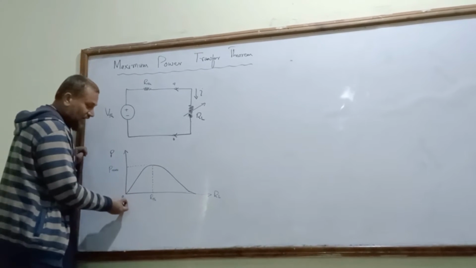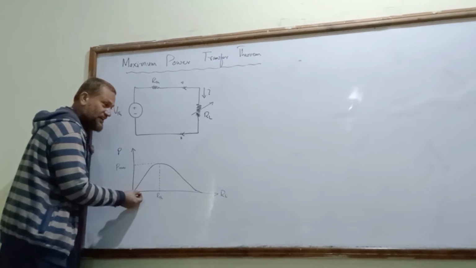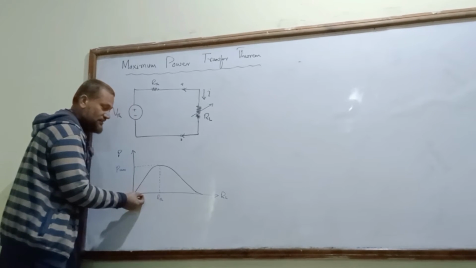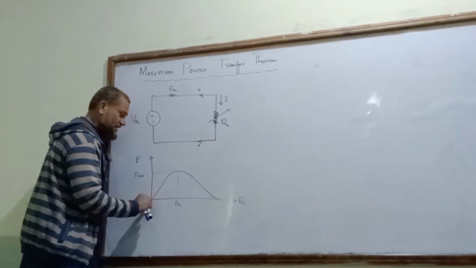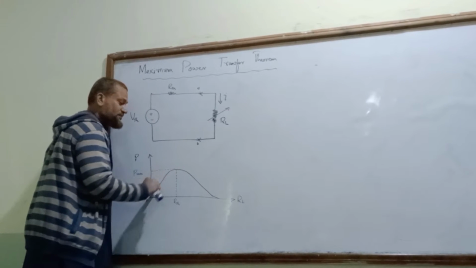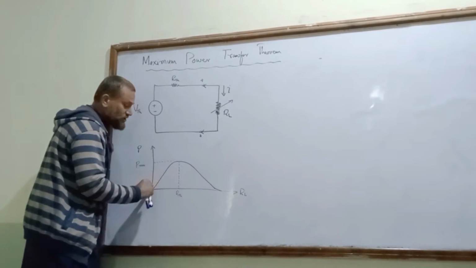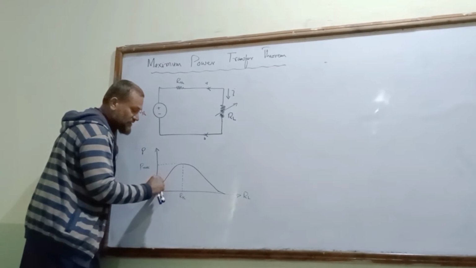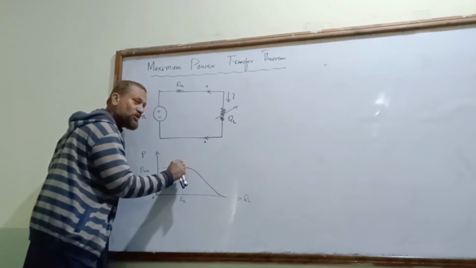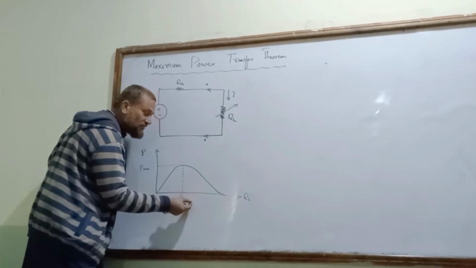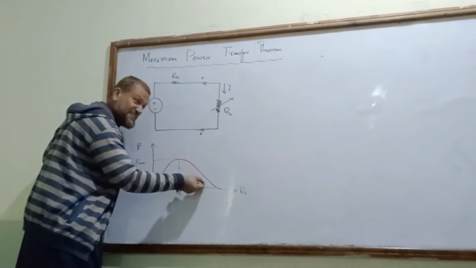So how do we prove this? Look at over here, this RL is variable. When I vary this RL, the power P is like a sine wave, half of the sine wave, a positive half sine. So look at over here. The power is increasing to a peak point, and after that, when I increase that load resistance, the power is decreasing.